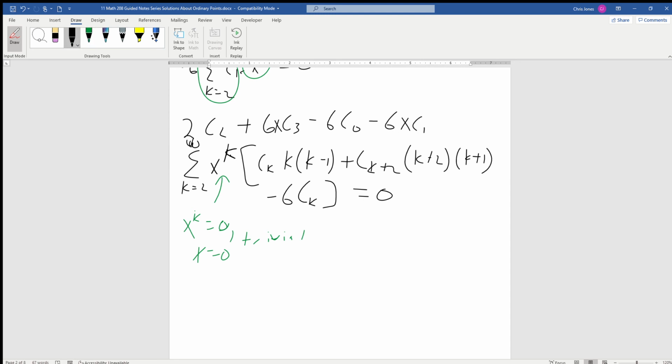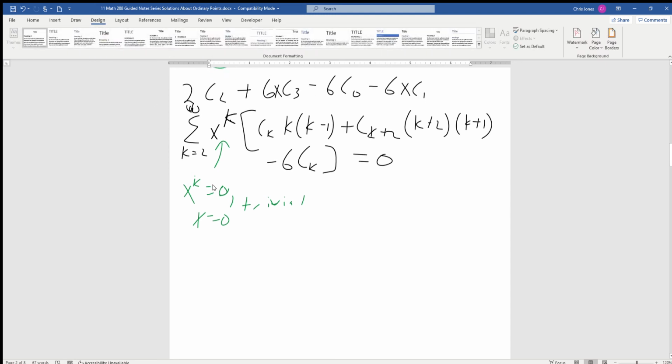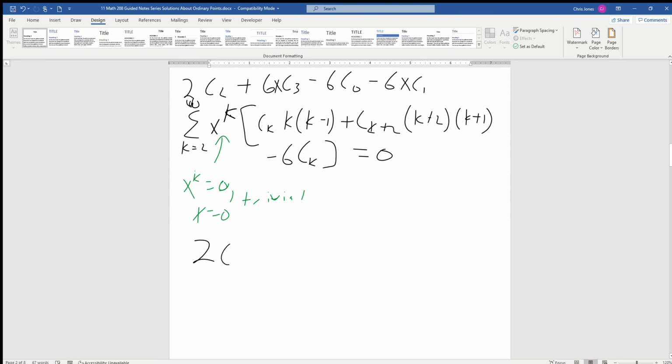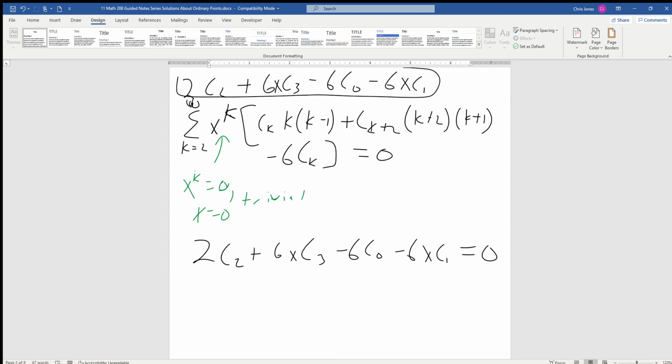We also know that 2c2 plus 6x c3 minus 6c0 minus 6x c1 has to be equal to 0. So we know that the sum of these terms has to be equal to 0, because if it's not, then that doesn't make sense, because we're adding those on to this series right here.